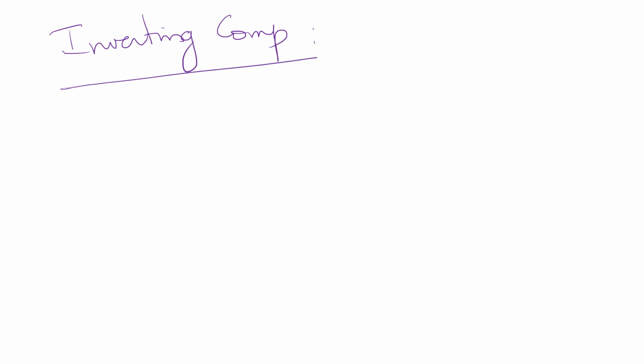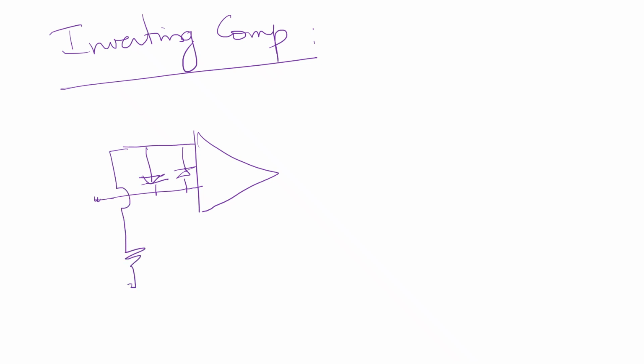The next comparator is the inverting comparator. In this, the input signal is fed to the inverting terminal of the op-amp. The two diodes are for protection of the circuit.